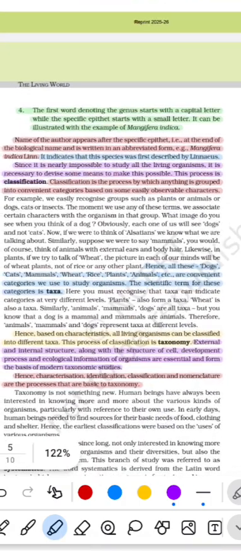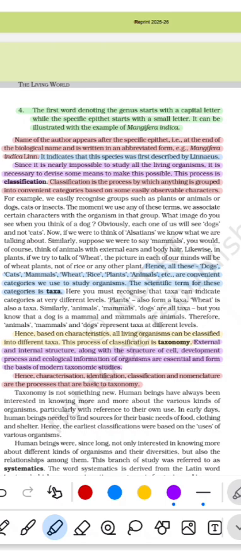Next, for example, we easily recognize groups such as plants or animals or dogs, cats or insects. The moment we use any of these terms, we associate certain characters with the organisms in that group. What image do you see when you think of a dog? NCERT is asking a question.